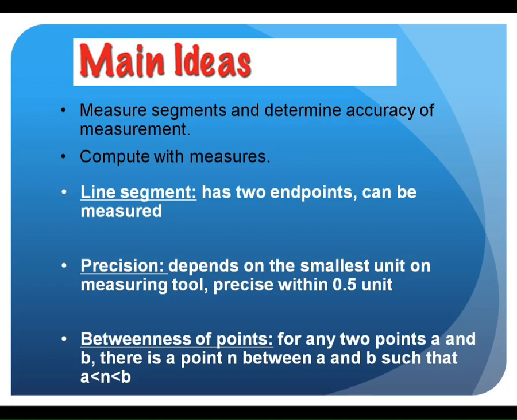So this is the next section called linear measurement and precision. Okay? We're going to measure things and determine, are we precise, or how close are we precise? Or how precise are we, I guess is a better way to say that. Okay? Again, those last 2 definitions might not make a ton of sense until we get into some examples of those. Questions at this point? Precision and betweenness of points.